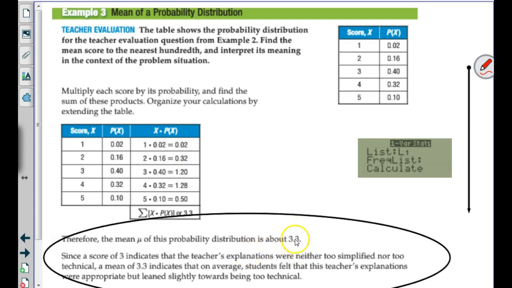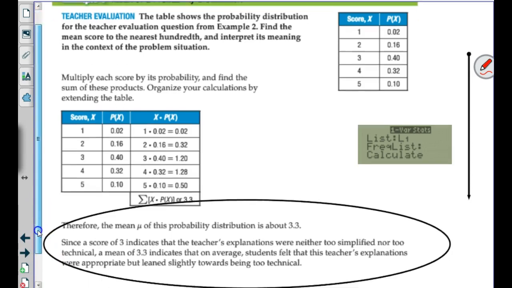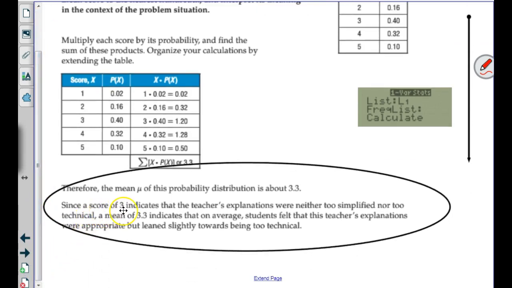Oh, it was 3.3, I guess. But they had a slightly different one, because they rounded them and then averaged from there. We just did it from the straight-up data. Now, what that means is that 3 was the most popular given score to this teacher, but 3.3 was the average score.